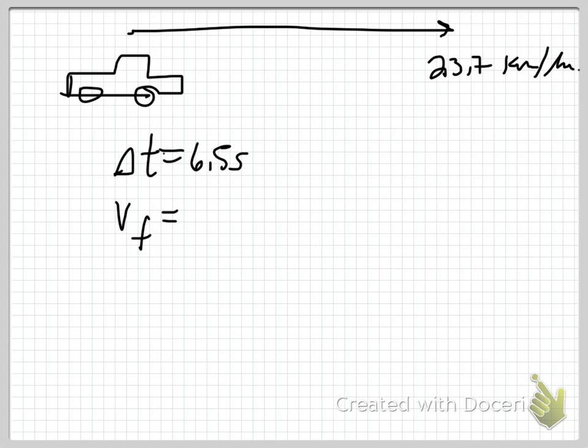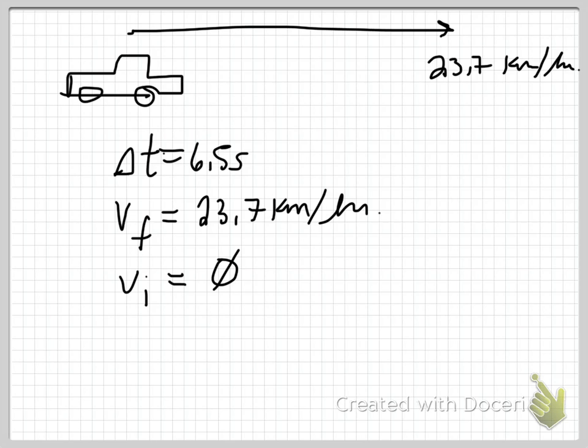Sorry, I should shut up. 23.7 kilometers per hour. Are we given any other velocities in this problem? The rest, so 0. Good girl. Yeah, VI, 0. Now, that's 0 kilometers per hour. That's 0 meters per second.